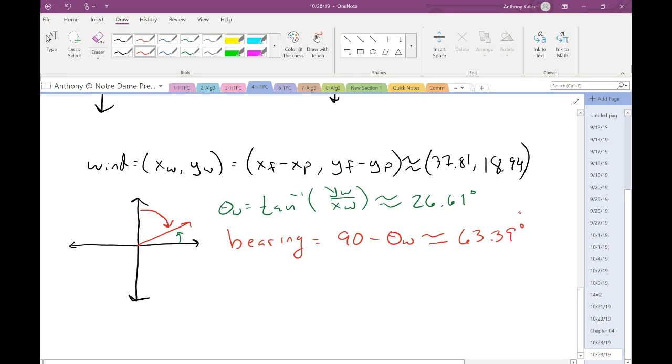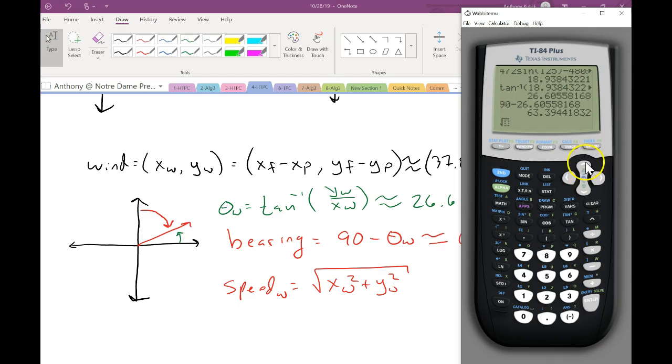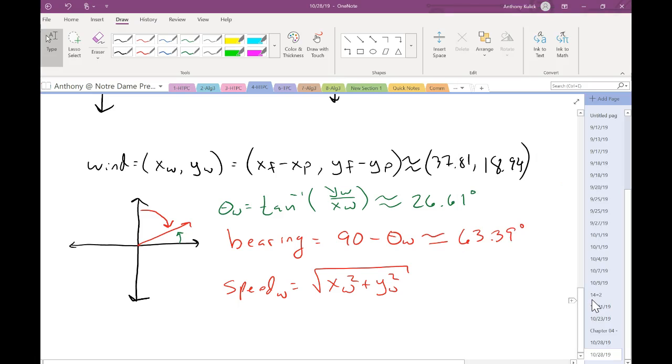Everybody okay there? And then for the speed for the wind, I can calculate this again just using the Pythagorean Theorem. So I can take xw squared plus yw squared and then square root it. And there I get 42.29 miles per hour.